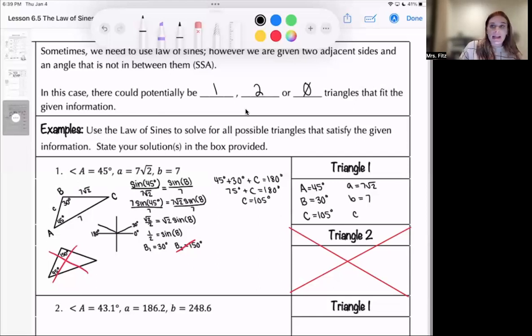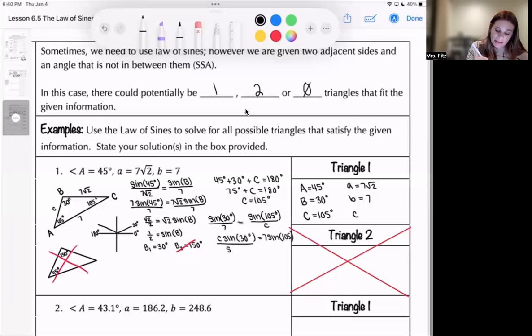Okay, the last thing I need to do is solve for side C, which is pretty easy now that I know all three angle measures. So we do law of sines. We'll go with what we know, so sine of 30 degrees over 7 equals sine of 105 over C. Cross multiply: C times sine of 30 degrees is equal to 7 times sine of 105.